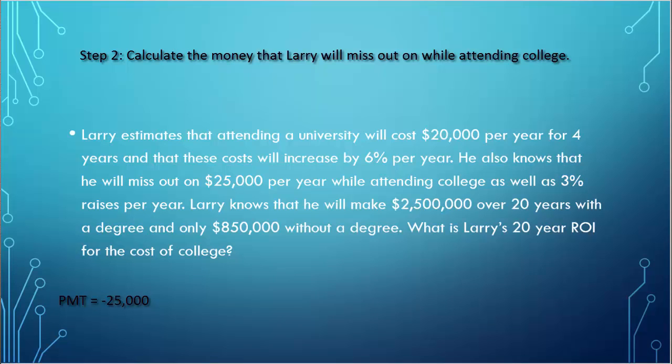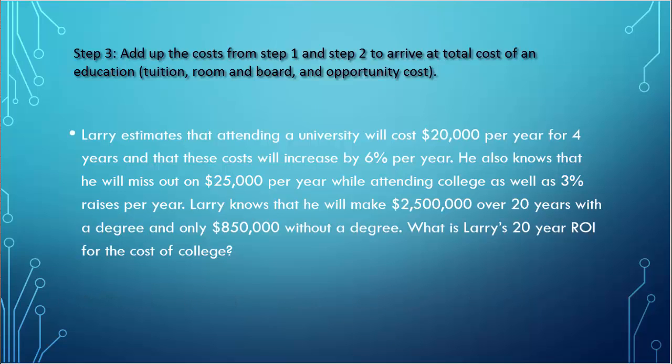Larry will also miss out on 3% raises each year, so that will be the rate, I over Y. We also know that Larry will miss out on these wages for 4 years, so N equals 4. The last step is to solve for future value to get the total amount of foregone wages over 4 years. Did you get $104,591?